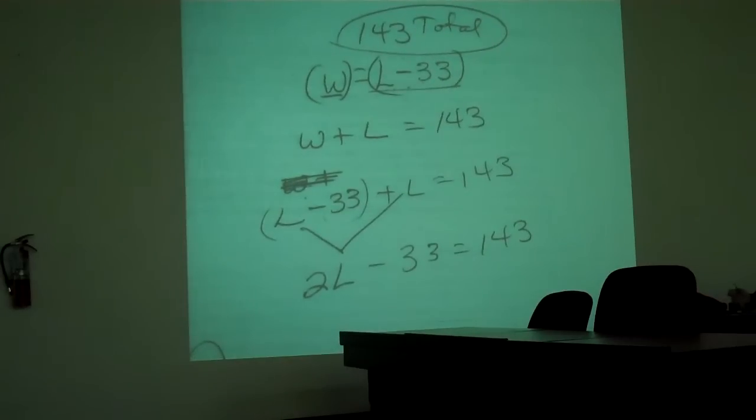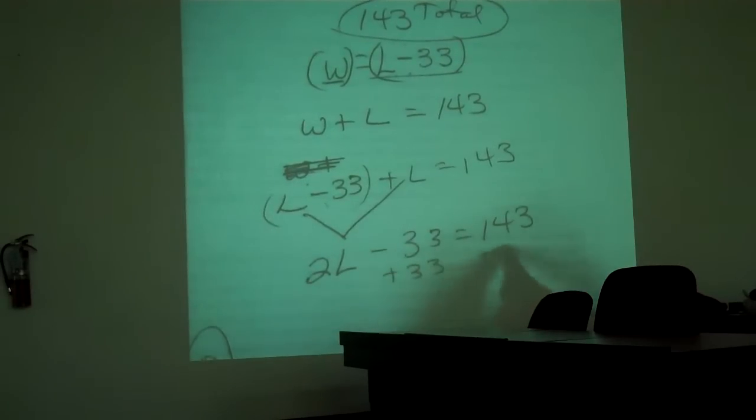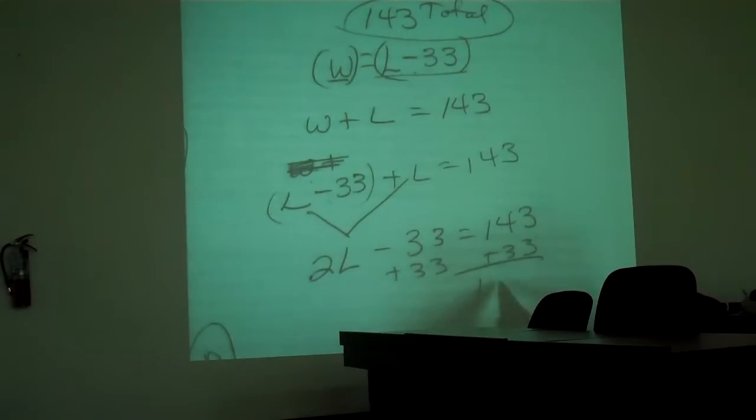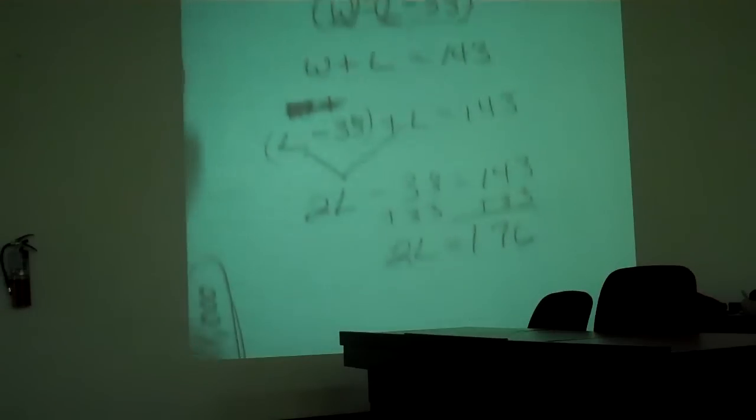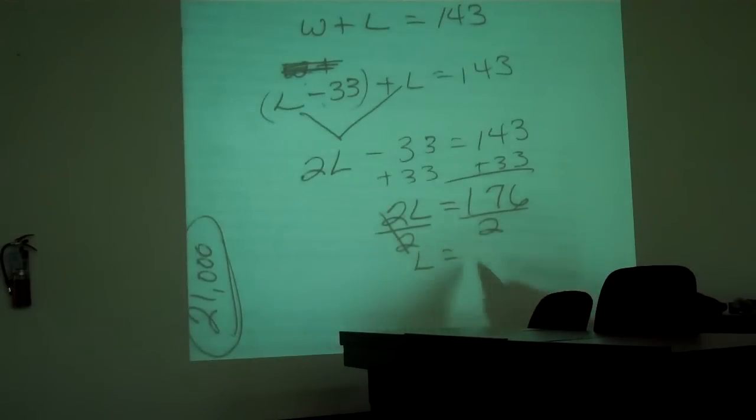So let's add 33. So we get 176 is equal to 2 times the losses. Divide by 2. The losses will be 88.